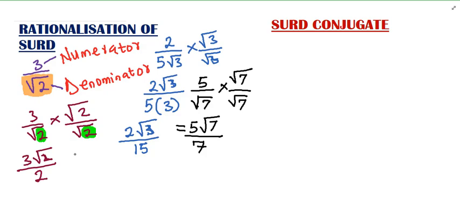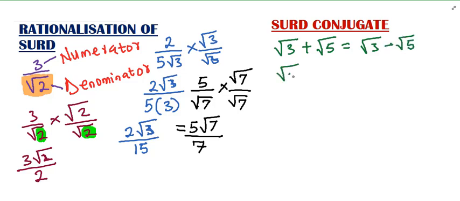Let's go. Okay, so the conjugate of a SOD. I think this conjugate was actually derived from difference of 2 squares. We don't need to start going through all those things. So let's say for instance you have SOD 3 plus SOD 5. The conjugate of this becomes SOD 3 minus SOD 5. So let's say SOD 2 minus SOD 4.